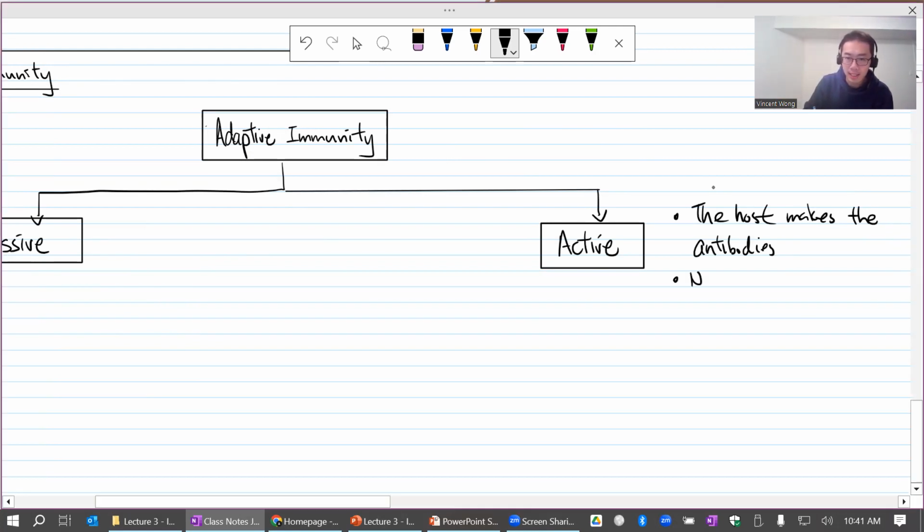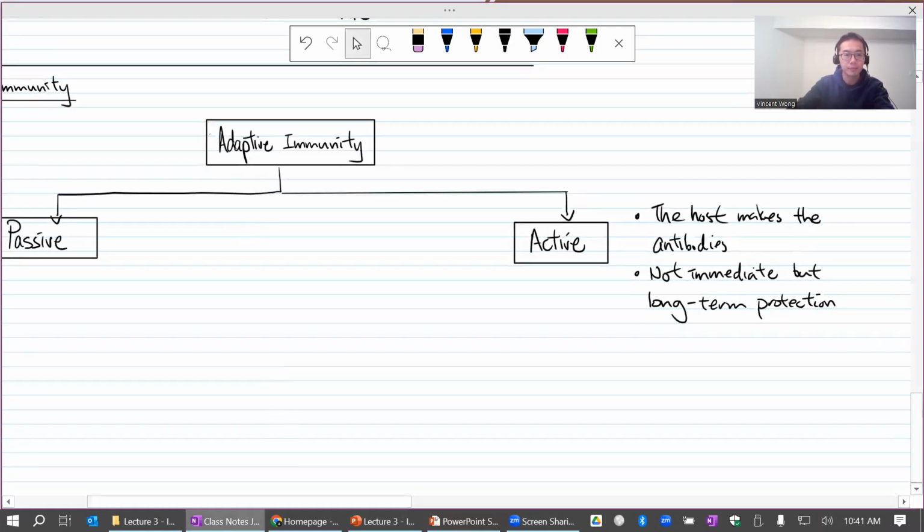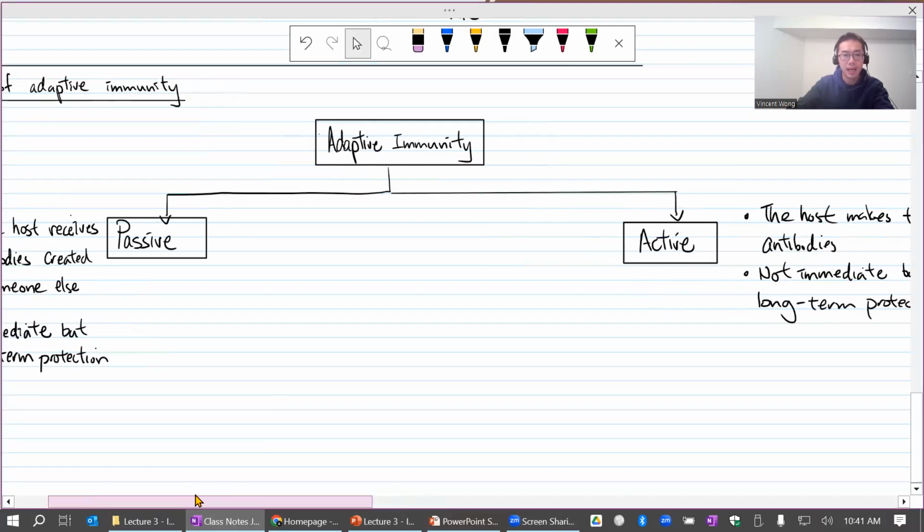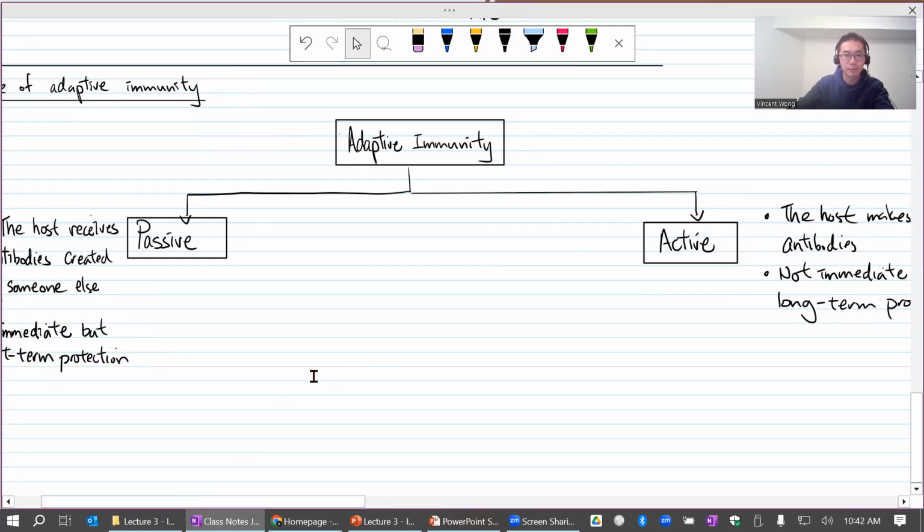So that's why it is not immediate. But because you make the memory cells, it is going to be long-term protection. Okay? That is passive and active.